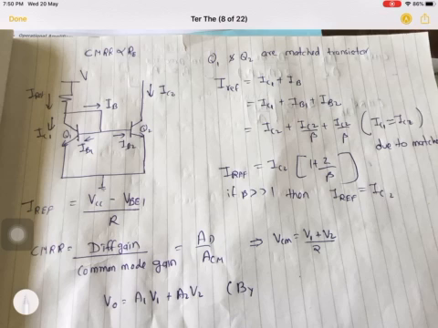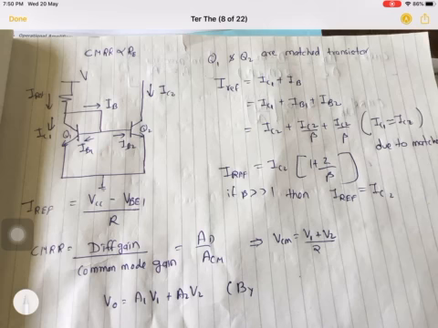IB1 can be replaced as IC1 by beta, and in turn IC1 can be replaced by IC2. Similarly, IB2 is IC2 by beta. So I can write it as IC2 plus IC2 by beta plus IC2 by beta. Taking IC2 common, it becomes 1 plus 2 by beta.